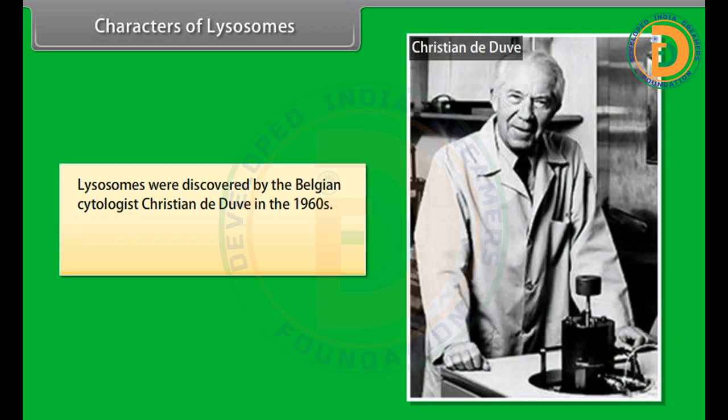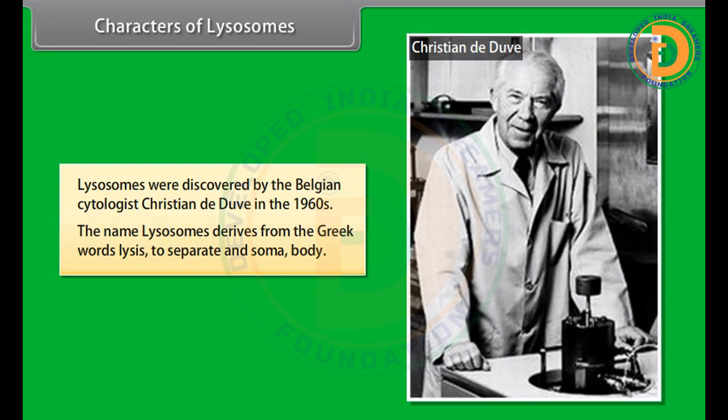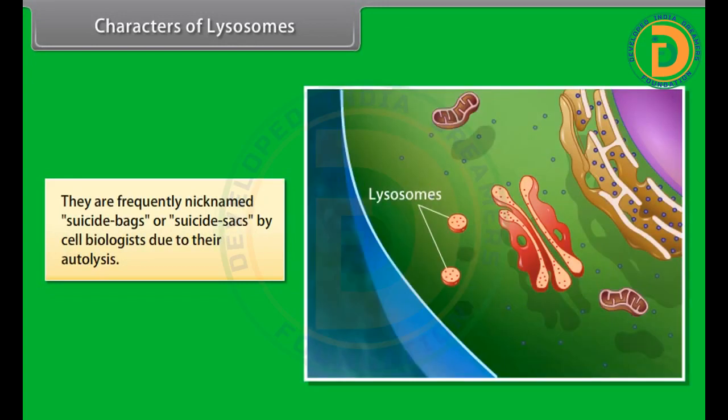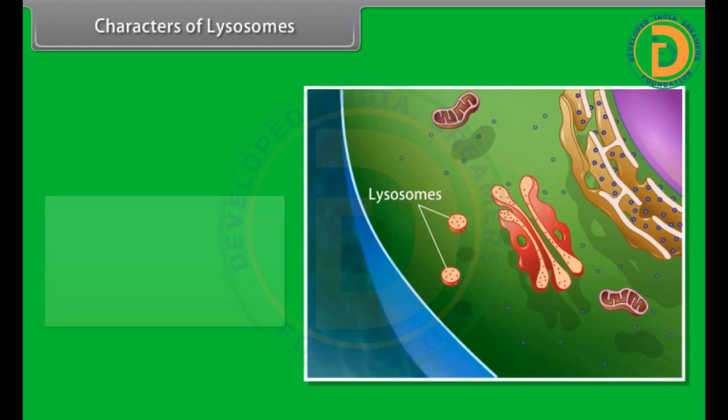Characters of lysosomes. Lysosomes were discovered by the Belgian cytologist Christian de Duve in the 1960s. The name lysosome derives from the Greek words lysis, to separate, and soma, body. They are frequently nicknamed suicide bags or suicide sacs by cell biologists due to their autolysis.